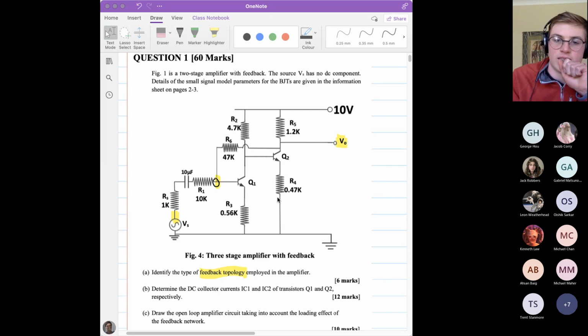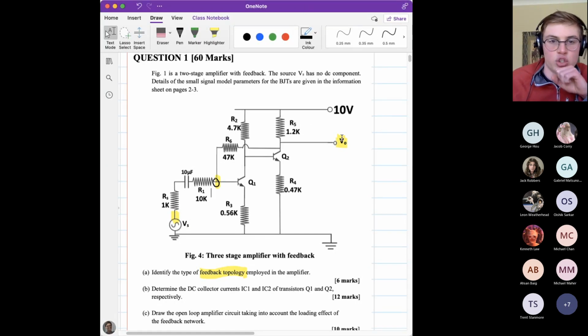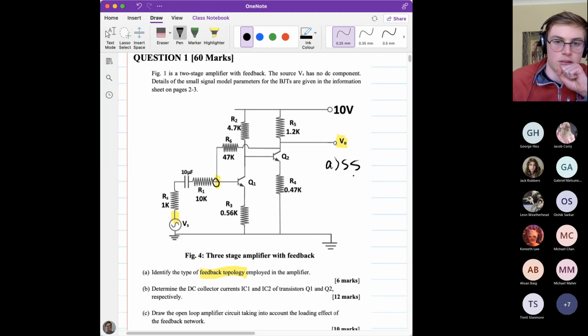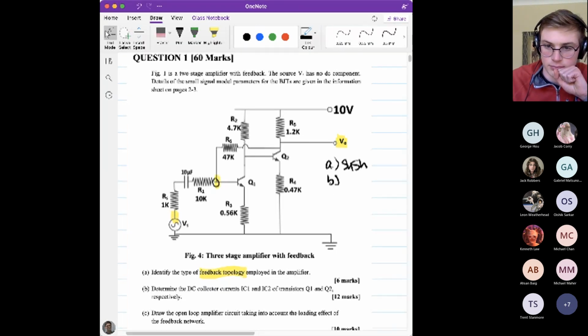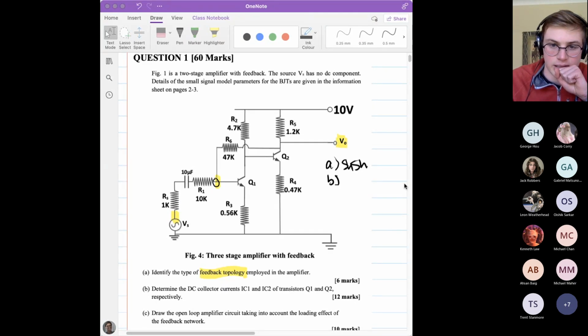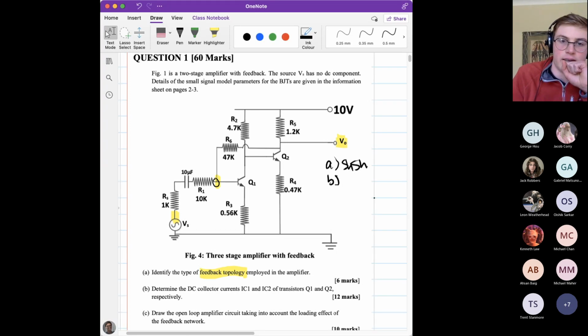So what is our feedback element? Do we think it's a shunt connection? Hands up if you think it's shunt. Okay, Kenneth, Leon, Gabriel. Okay, we've got a few. Okay, next, do we think that it's series shunt?